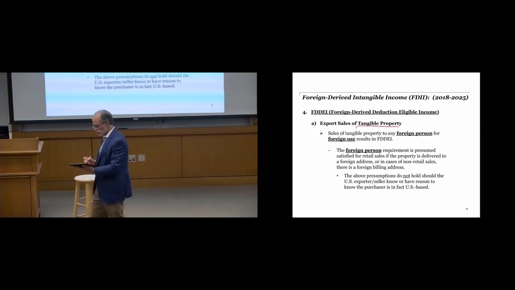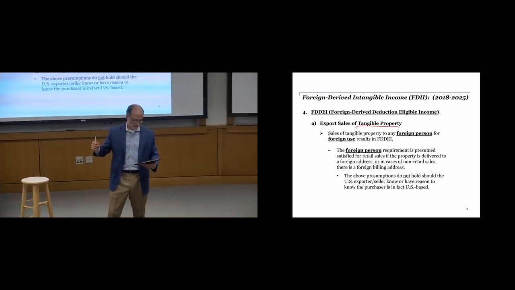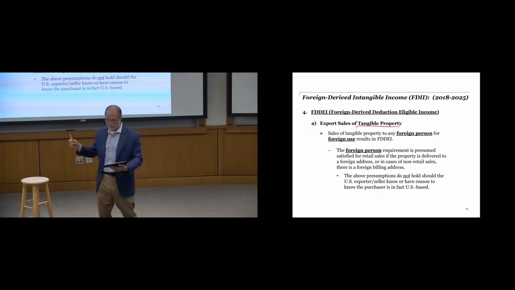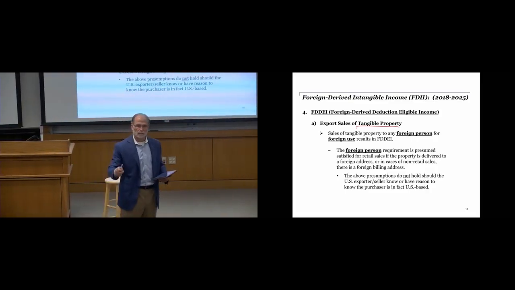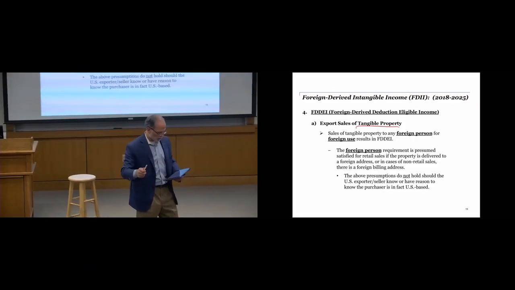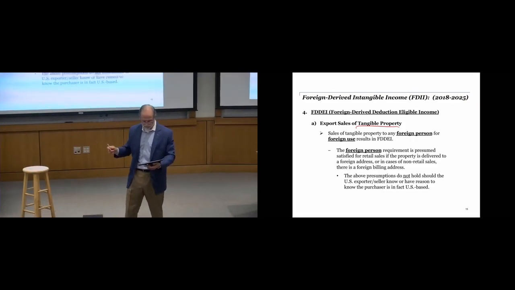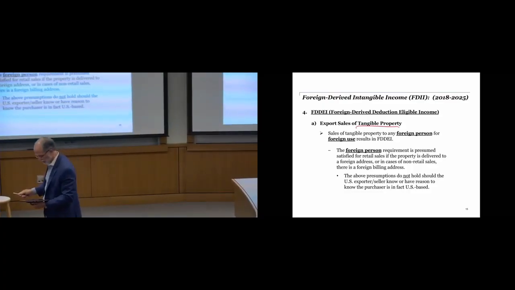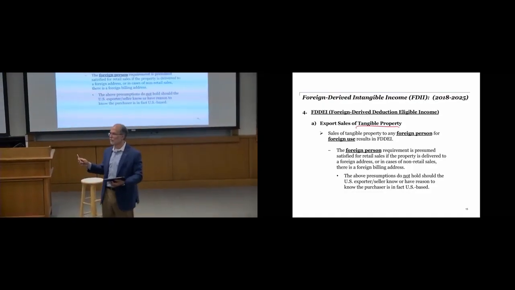So export sales of tangible property. Sales of tangible property to any foreign person for foreign use results in FDDEI. A foreign person requirement is presumed satisfied for retail sales if the property is delivered to a foreign address, or in the case of non-retail sales, there is a foreign billing address.